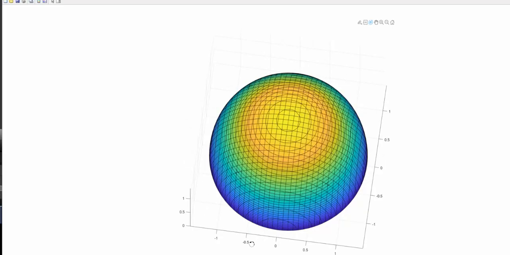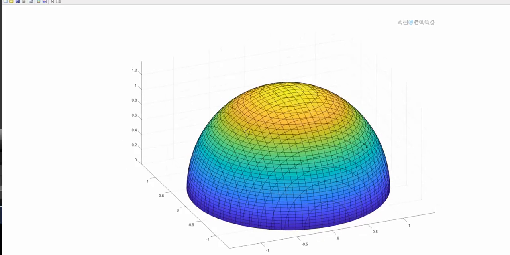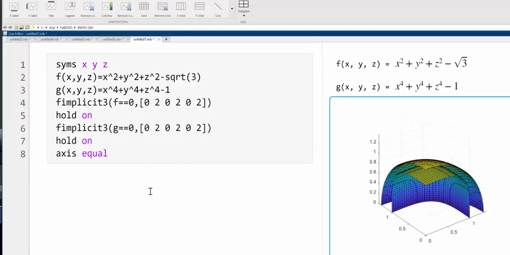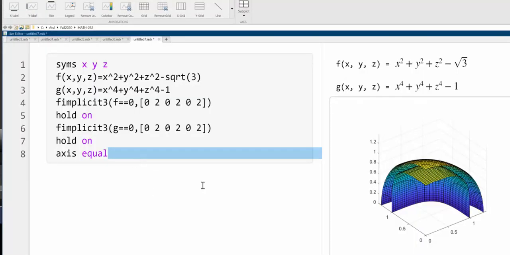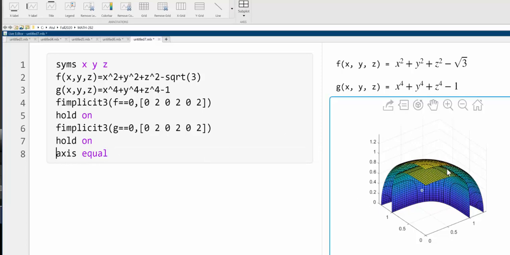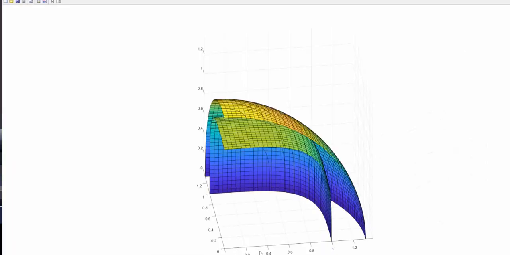Then you can learn on your own how to make those transparent. And at those 8 points, we have common tangent planes, all right? So I don't think that many of you are still with me. Just to show you the points of contact, I went a little stubbornly and limited it to the first octant, and then brought this up, and you can see the point of contact here.